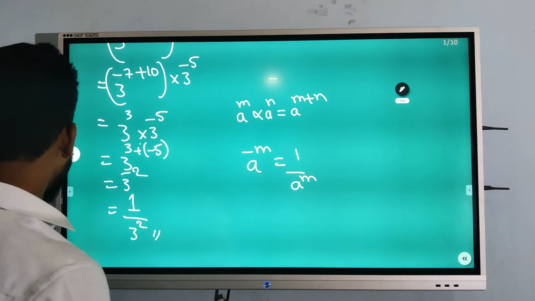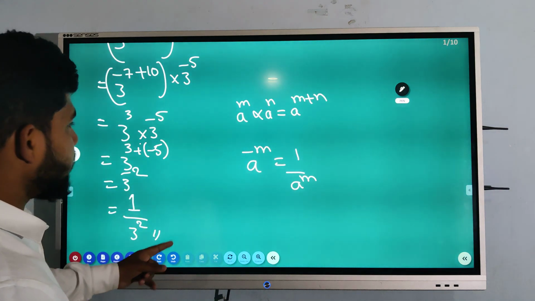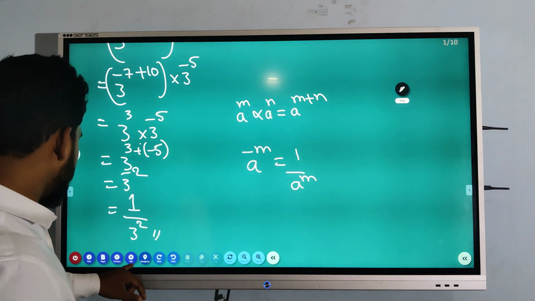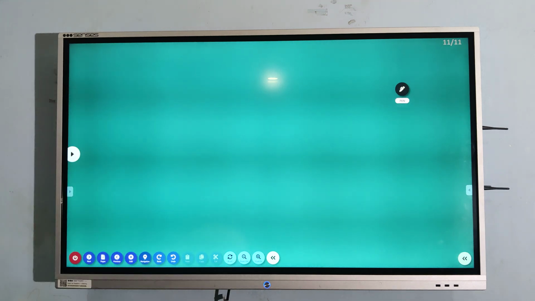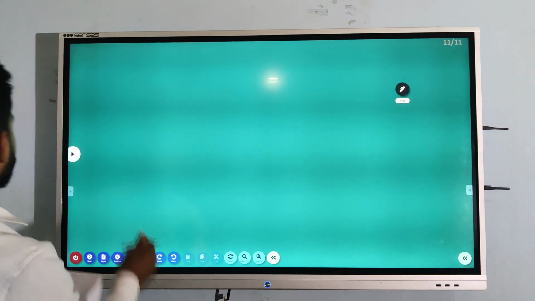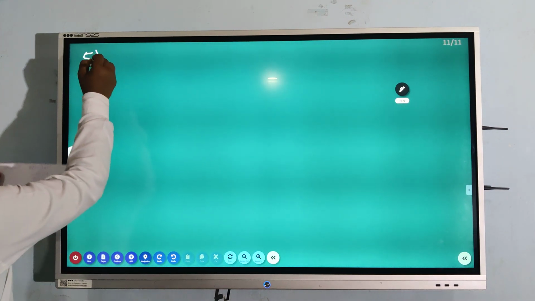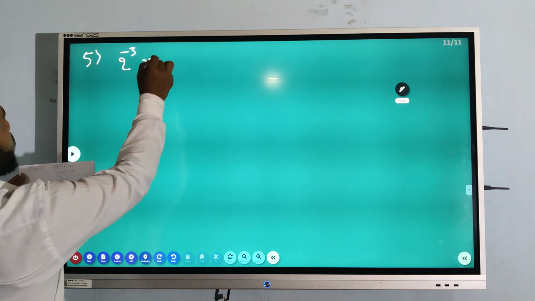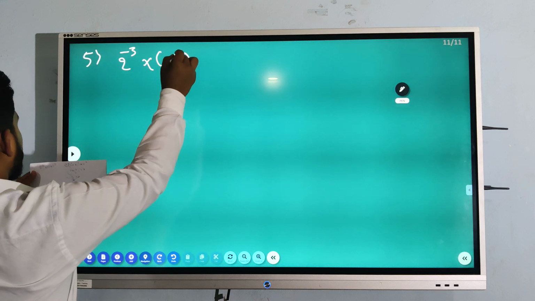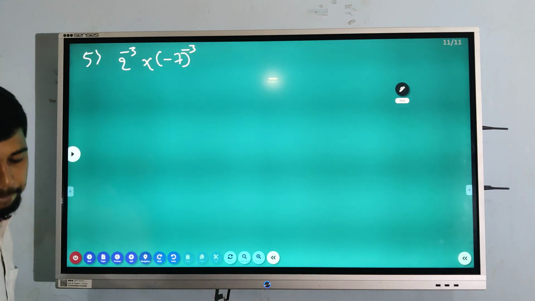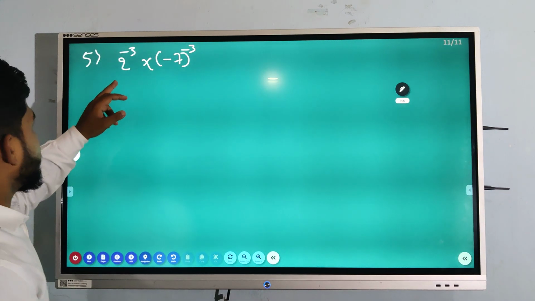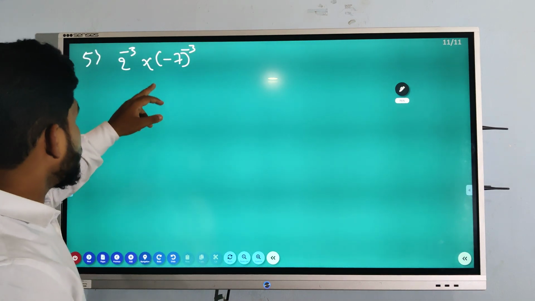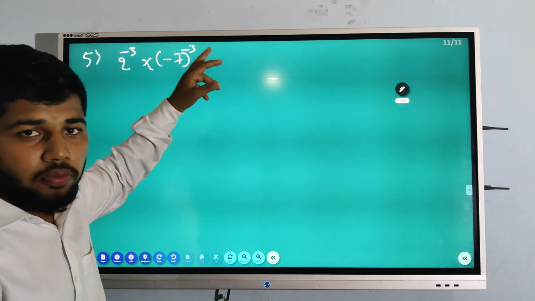Now we have completed the fourth one. Looking at the fifth one, what is problem number 5? 2 power minus 3 into (minus 7) whole to the power of minus 3.